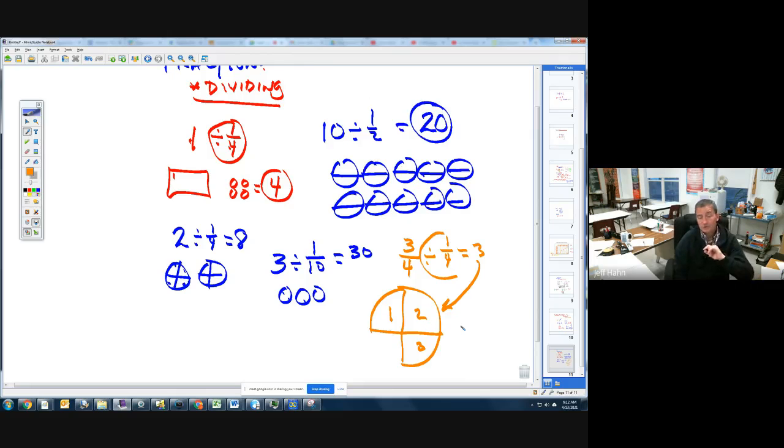Now, you don't always want to have to draw pictures because it gets real confusing. If I changed it up a little bit on you and I said, what is 3/4 divided by 1/3, and I asked you how many 1/3 you can get out of this 3/4, it gets really confusing.